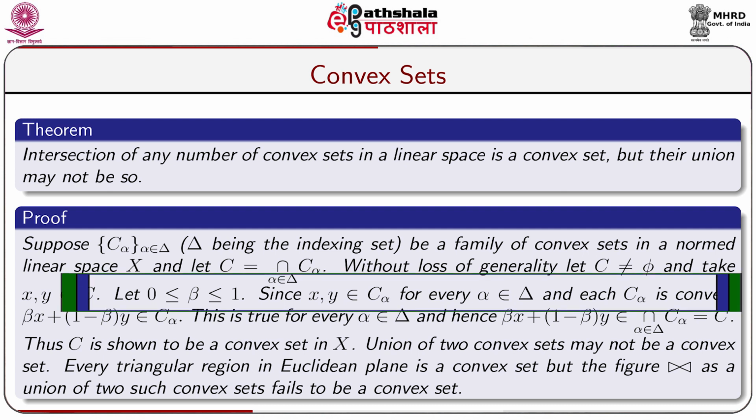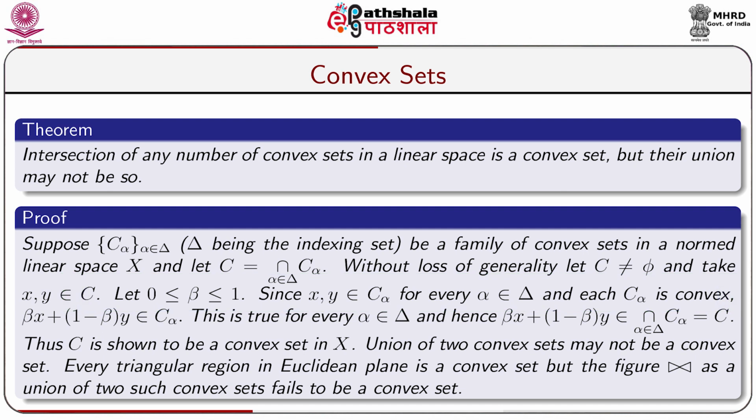So, we have taken x, y belonging to C. Let 0 ≤ beta ≤ 1. Since x, y belong to C, x, y belong to the intersection of C_alpha where alpha belongs to delta. So, x, y belong to C_alpha for every alpha belonging to delta, and since each C_alpha is convex, beta x + (1 - beta) y belongs to C_alpha.